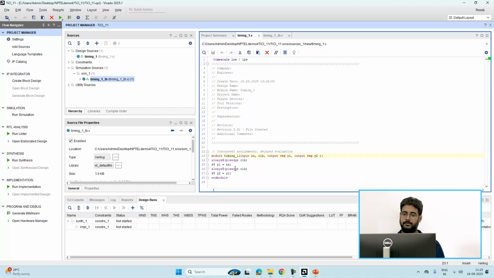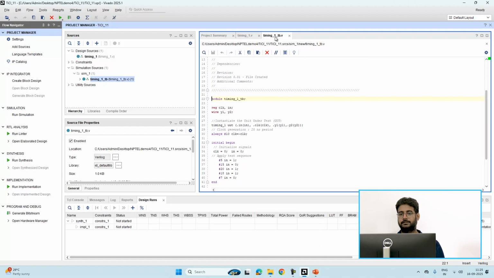Were they in the same always block, it would have created a clock delay of 10 time units. So here it is. We'll run it.